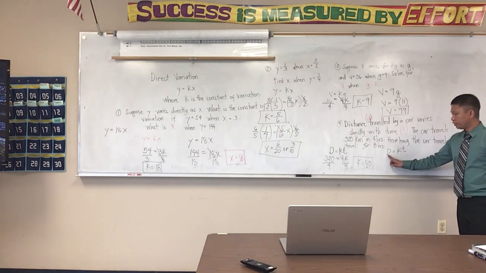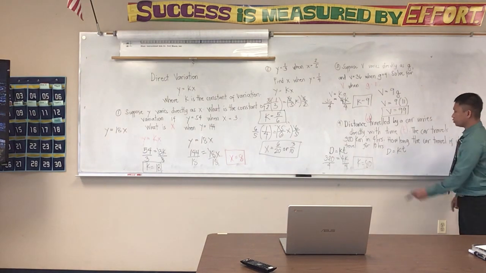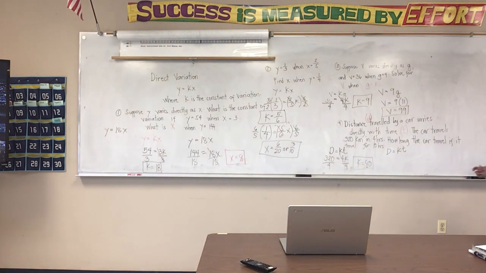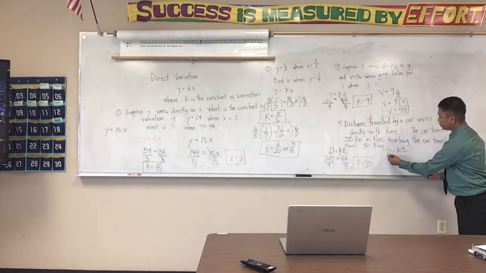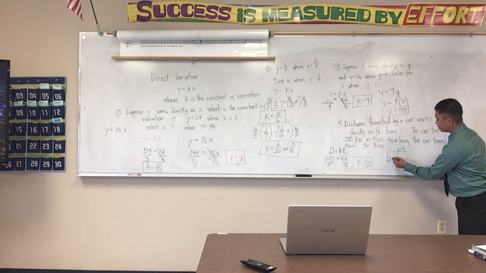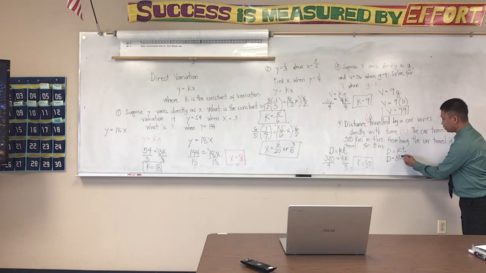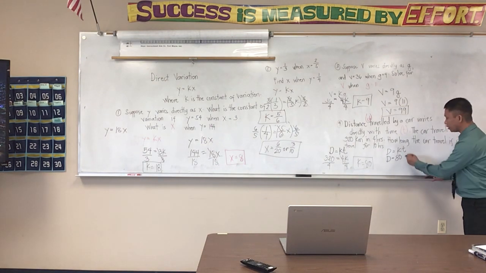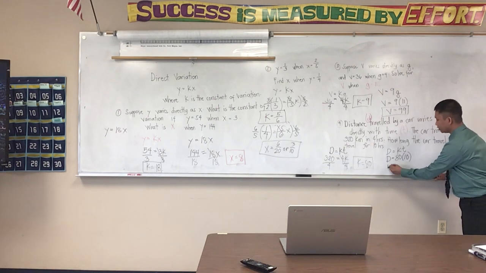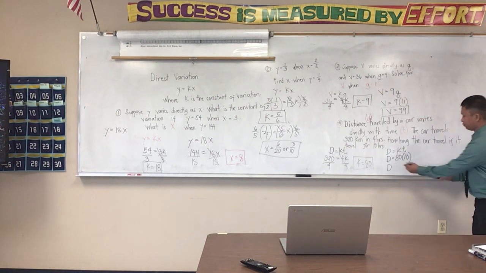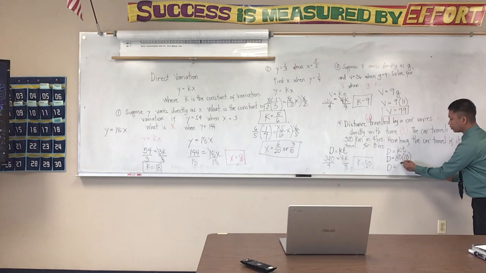So we are asking about the distance if it travels for 10 hours. So the distance would be D is equal to the constant 80, then we are traveling for 10 hours. So that would be 80 times 10. So the distance traveled would be 800 kilometers.